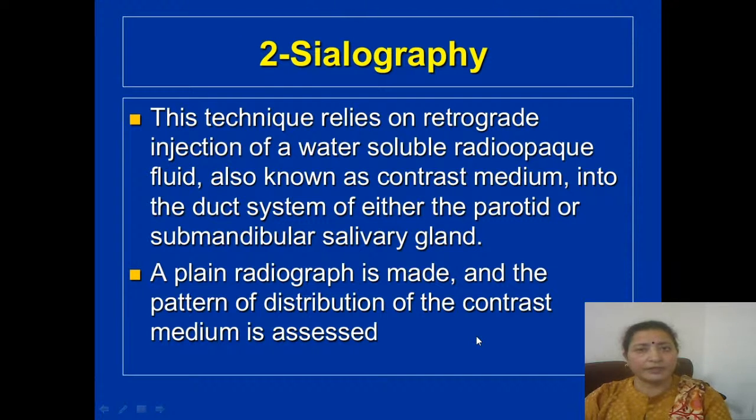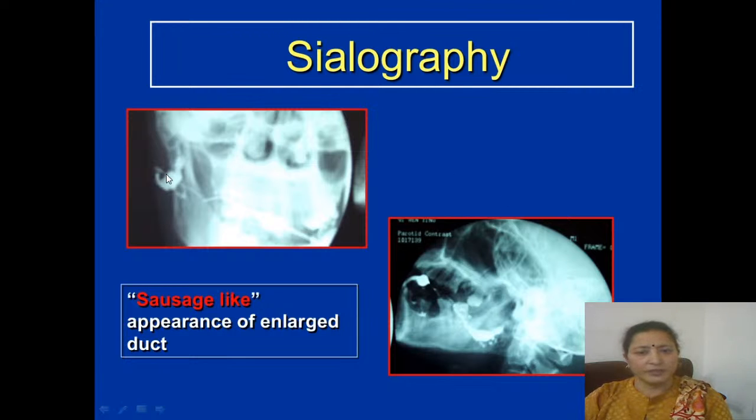There are stones that are radio opaque that can be seen on the glands, and then we inject this and see the duct. The importance is that if there is a stone in the duct, it can give a dark appearance, and a filling defect may be there. So the radiologist will tell you there is a filling defect and there is a possibility of a stone there. These are a few views, you can see them.